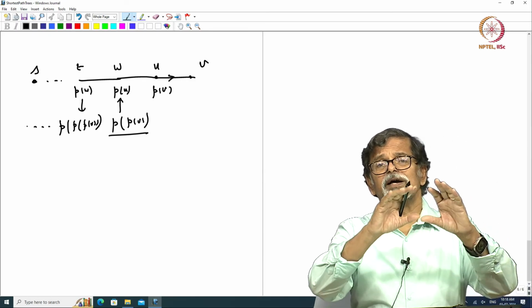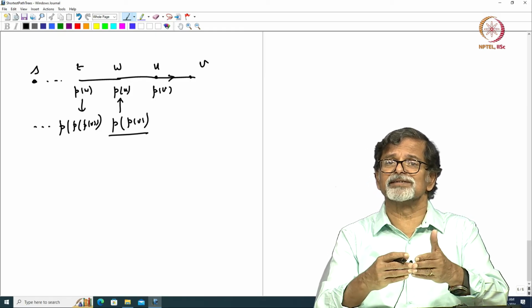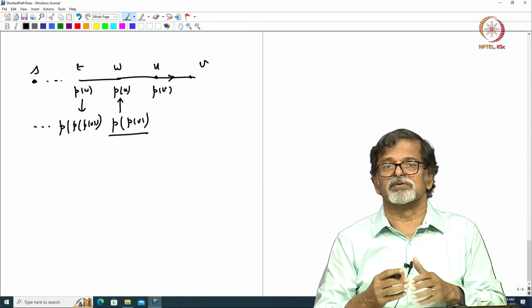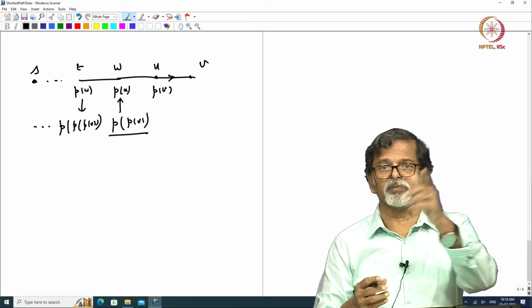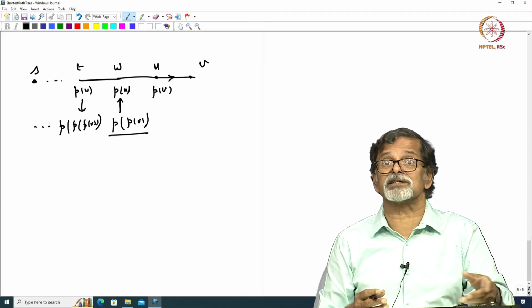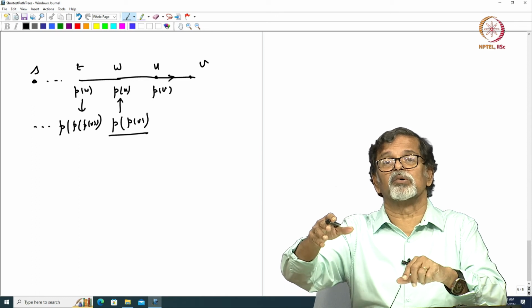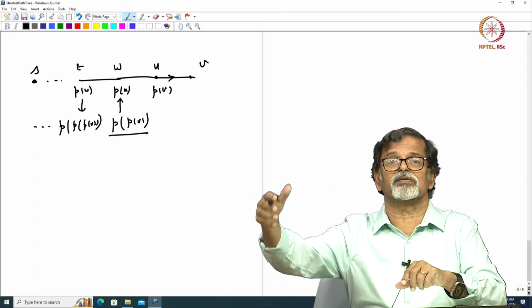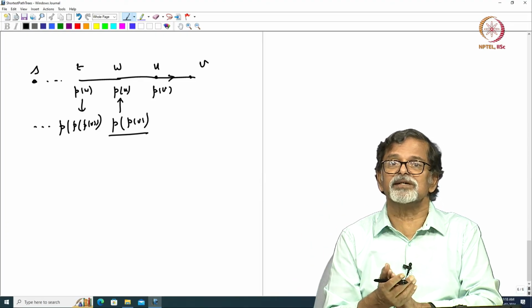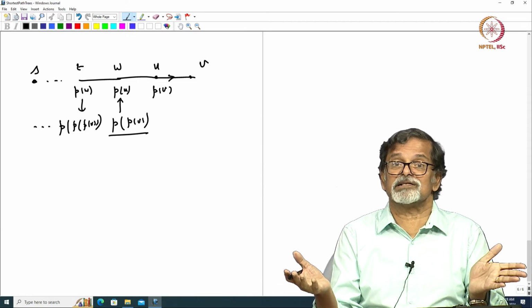So, if you have a previous array, you keep looking into the previous array and keep obtaining the sequence of vertices. First start from V, go to P of V, from there go to its P, which is denoted as previous of V, P of V. From there again go to P of V. Keep going until you get S, right? Then you are going to get the vertices of the path.